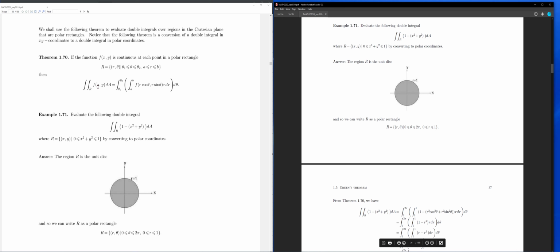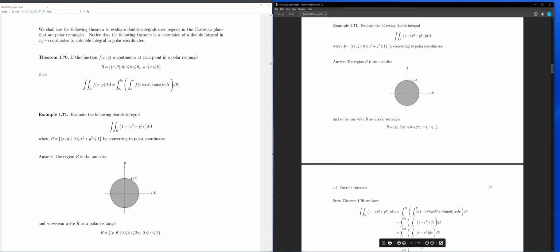Where I see the x, I replace it by r cos theta, so this x squared becomes r squared cos squared theta. Similarly, y is replaced by r sine theta, so I end up with r squared sine squared theta. Part of the conversion is an extra r outside here.